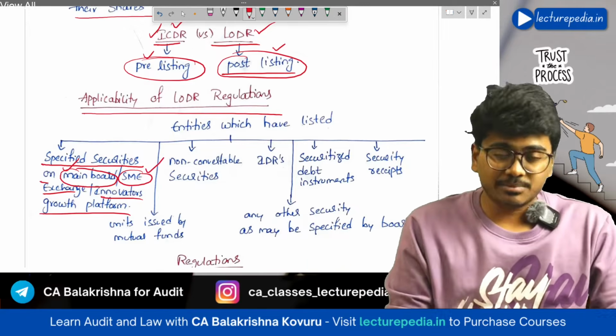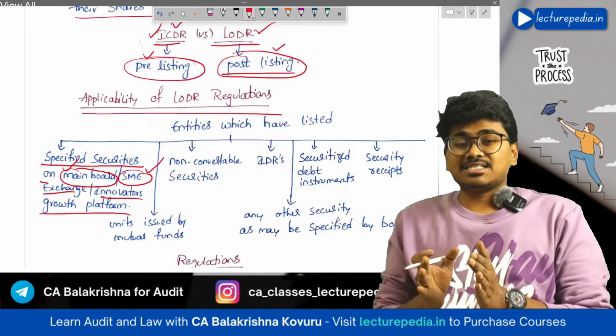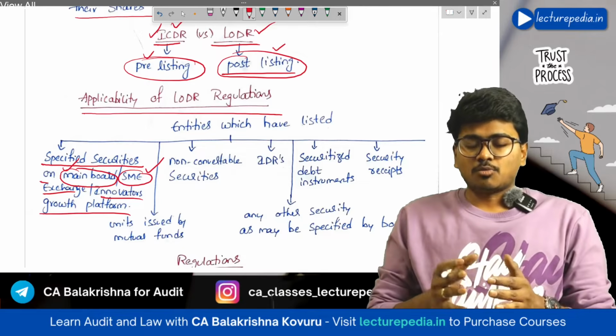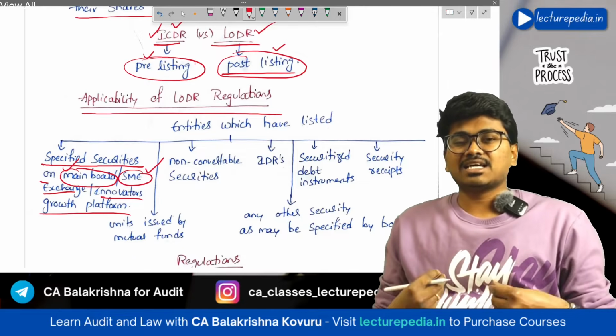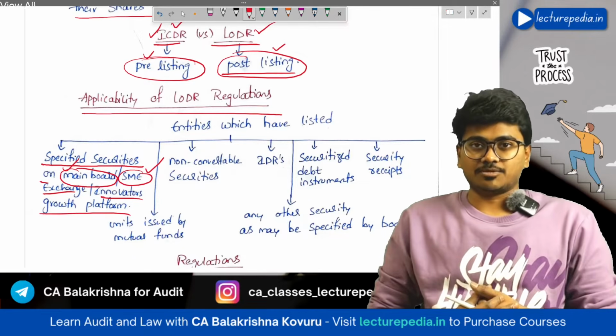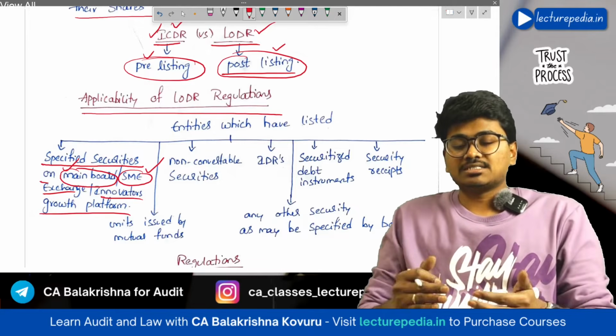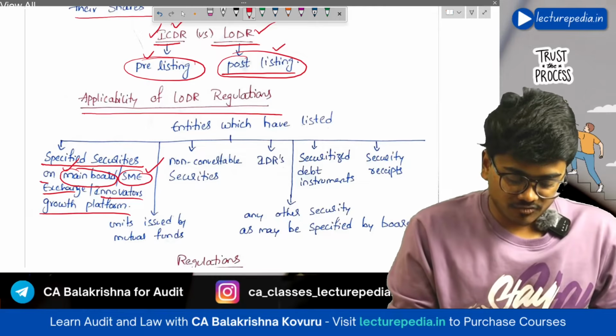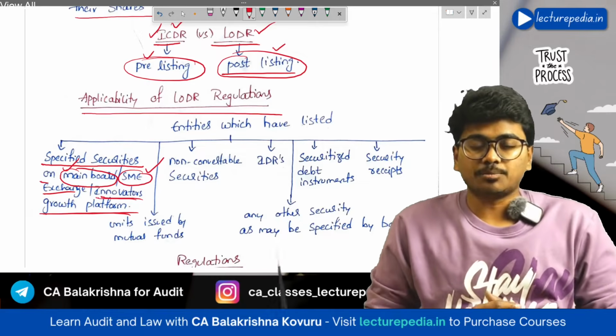Next, SME exchange. Okay, SME exchange is for small and medium enterprise companies. Small and medium companies can list their shares on this SME exchange. That is one platform that is available on the stock exchange. And another platform is the innovators growth platform.